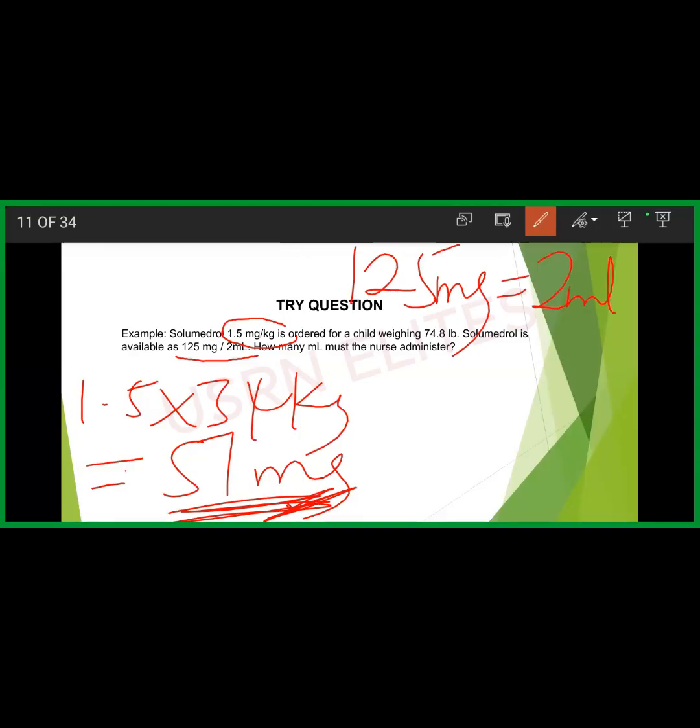So if for every 125 milligrams you have 2 mils, 51 milligrams will give you how many mils? Like I said, you arrange it in such a way that the milligrams will be all at one side, then the mils will be all on another side.